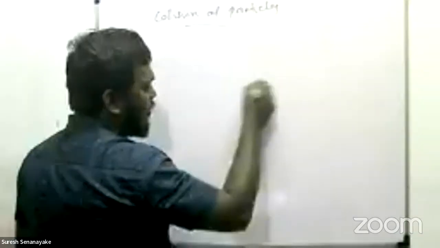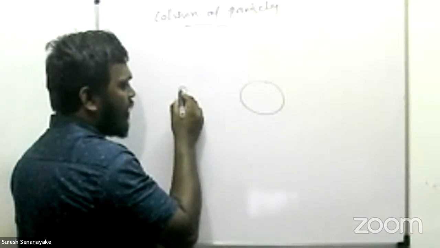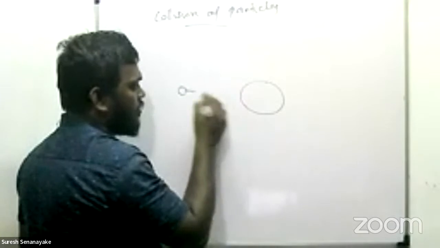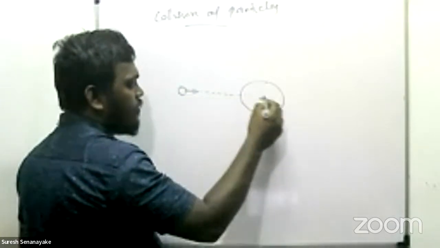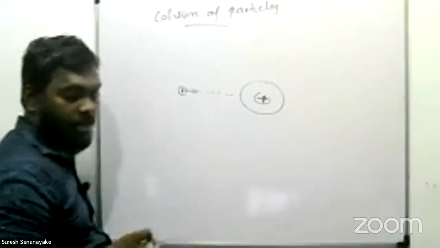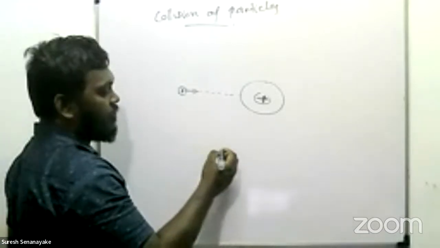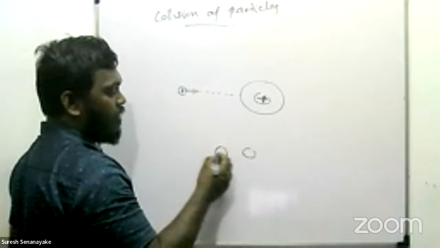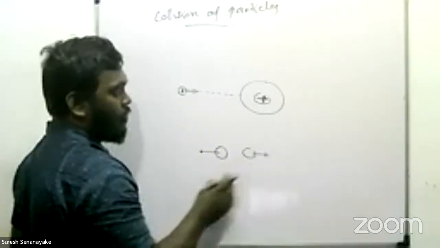There is a gold nucleus, and an alpha particle comes face to face with it. Both have positive charge, so they only have repulsive forces. According to Coulomb's law, as the distance reduces, the force becomes very large.